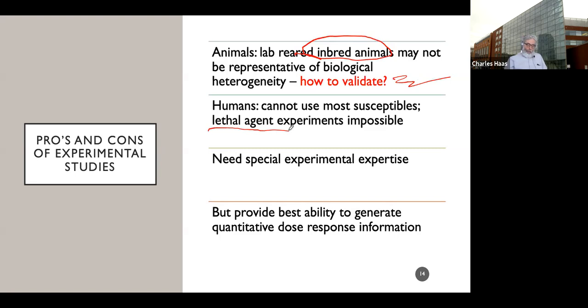For both animal and human studies, you need special experimental expertise. For animal studies, you need containment laboratories and special handling. For humans, you obviously need a well-trained medical and clinical staff. But these experimental studies have good ability to generate data that we need for dose response.